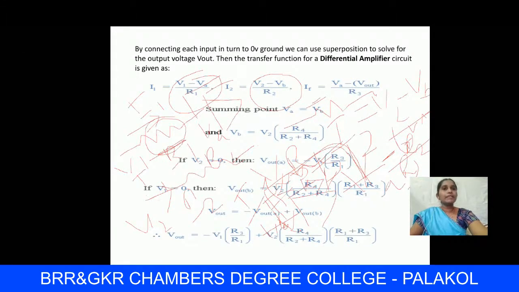That is V out equal to minus V1 into R3 divided by R1 plus V2 into R4 divided by R2 plus R4 into R1 plus R3 divided by R1.